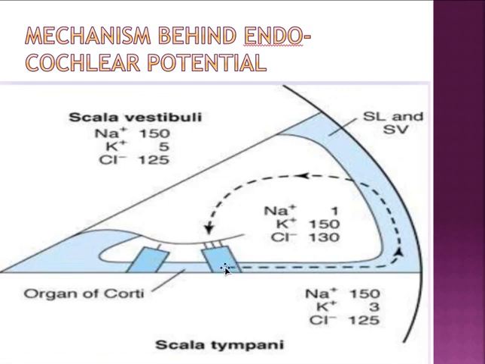So if you go from minus 60 to plus 80, that will give you the endocochlear potential, the difference between the inside and the outside of the cell. It will be around 140 millivolts, because you take this minus 60 millivolts to the zero level, that makes 60 millivolts, and then add another plus 80, so 60 plus 80 is equal to 140 millivolts endocochlear potential.